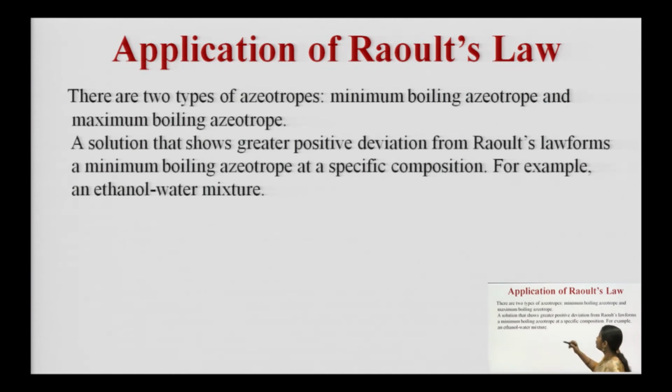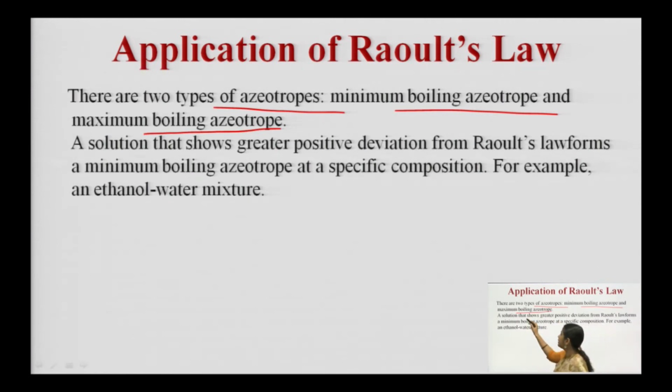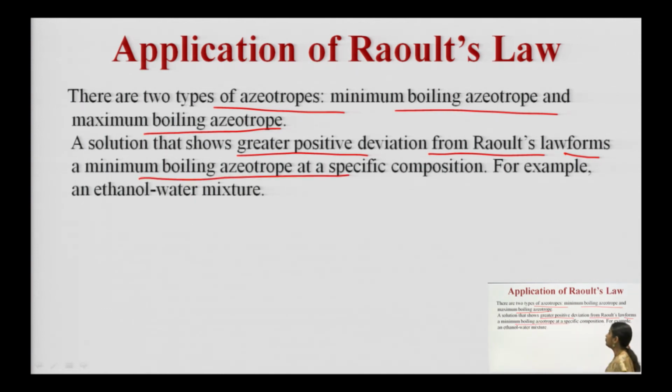Here two types of azeotropes can be there, minimum boiling azeotropes and maximum boiling azeotropes. A solution that shows greater positive deviation from Raoult's law forms a minimum boiling azeotrope at a specific composition.